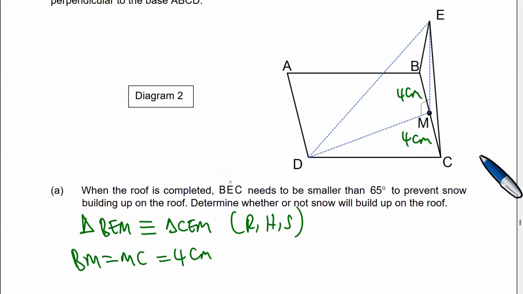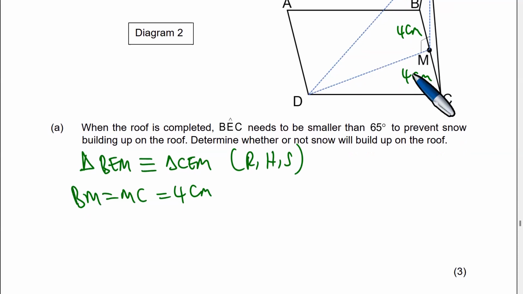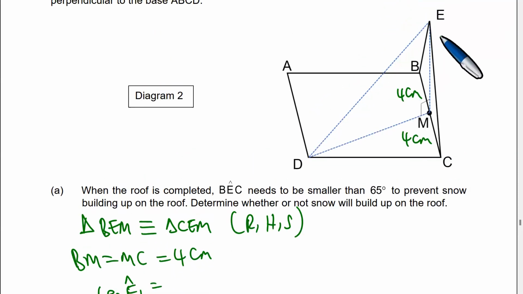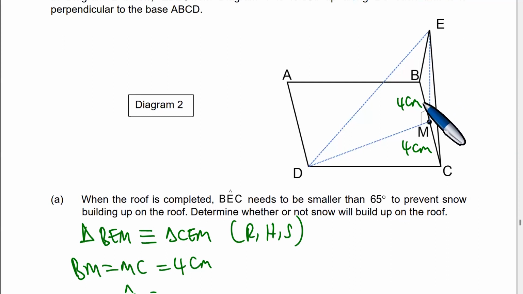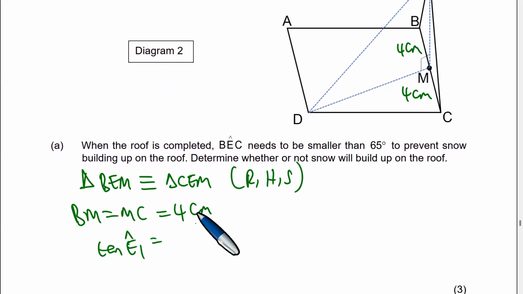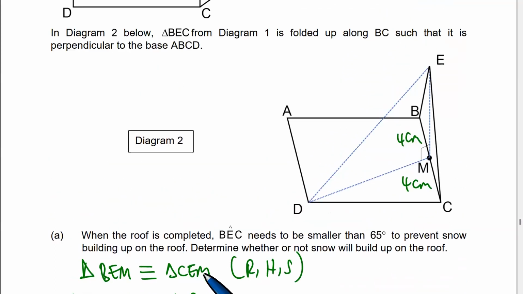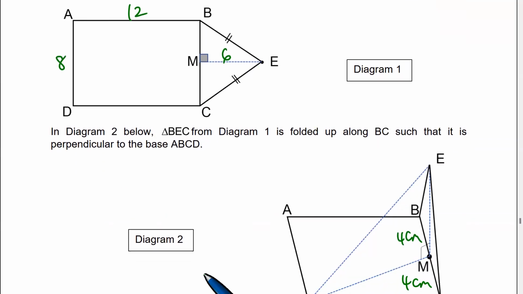So which means that we can be able to get the tangent of angle E1. Right, so the tangent of angle E1, where angle E is this one, is going to be exactly opposite over adjacent. So it's going to be exactly 4 out of 6. Because you know that ME is 6.